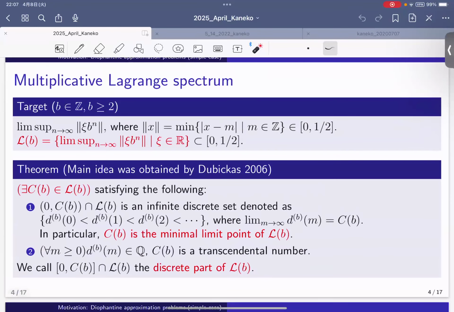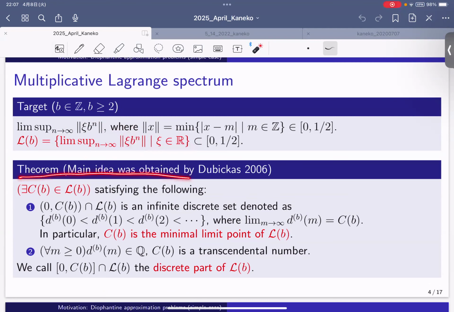In particular, I would like to talk about the analogy of the discrete part. This is the set of maximal limit points of geometric progressions where the common ratio is fixed, and xi moves.